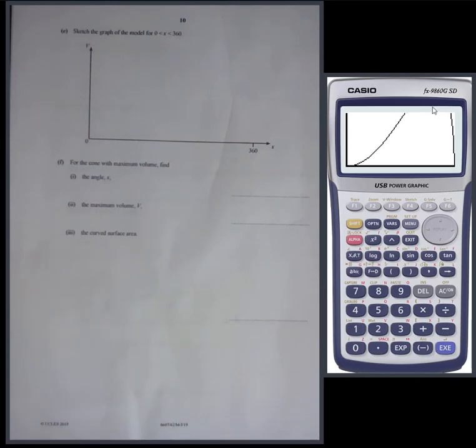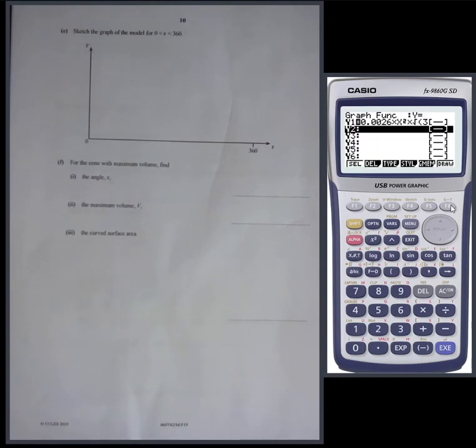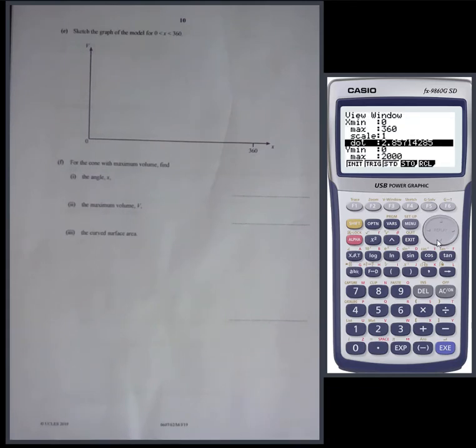So it doesn't look bad, but you can see we're missing a bit off the top. So we're going to go back in, view window, and I'm going to change that to 2000. Have a look at that. I still can't quite get the top in, so I'm going to go to 2500, and hopefully then we'll be able to see the whole graph. If you're ever going off the top or off the bottom, you do need to look at your view window.